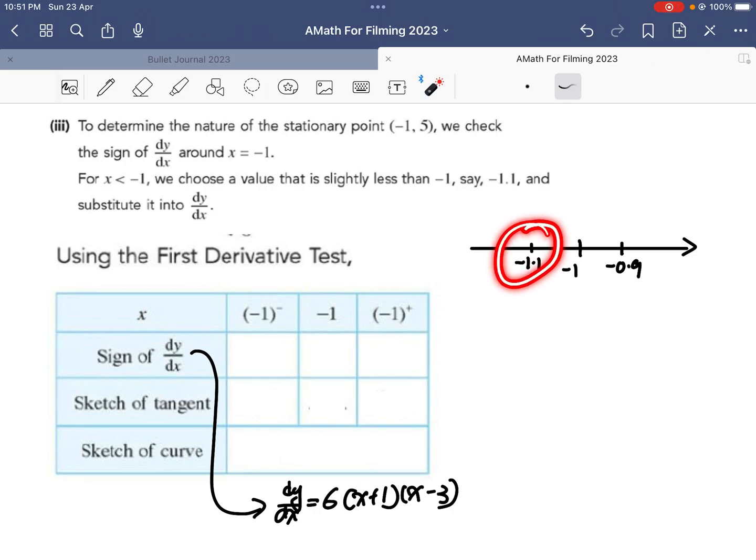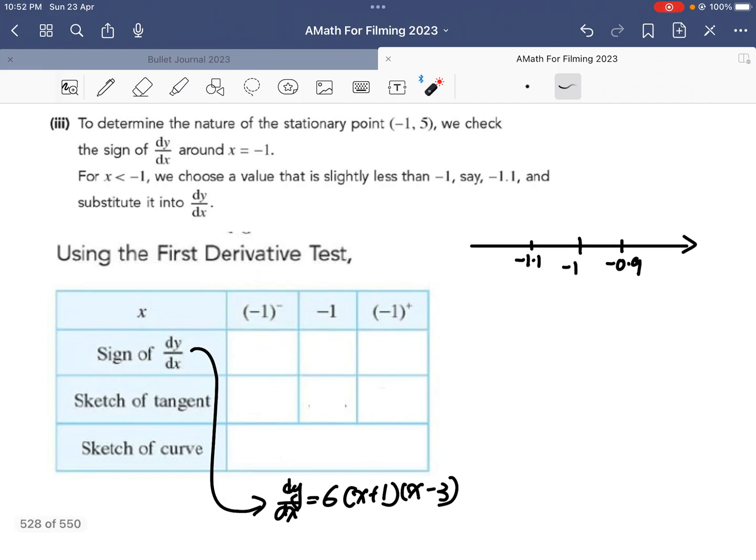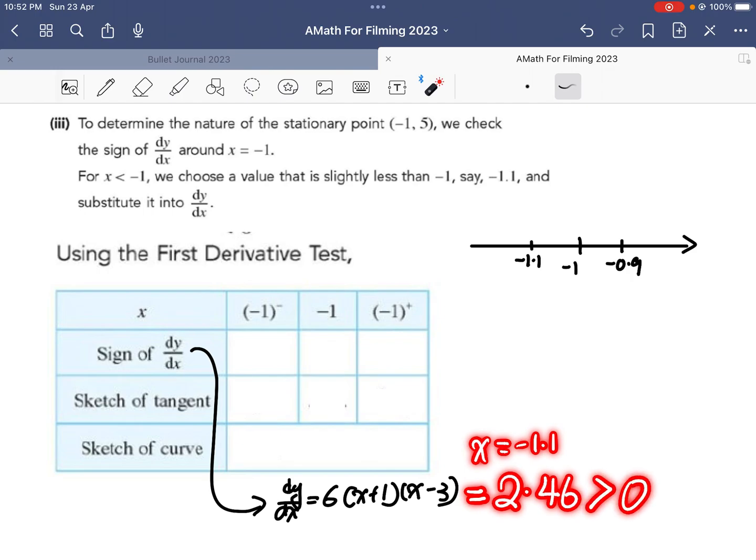Using x equals negative 1.1, or what I've written here, negative 1 minus, this is a notation showing that I'm using a value that is slightly to the left of negative 1, or something slightly more negative than negative 1. So I substitute negative 1.1 here and negative 1.1 here. If you were to use your calculator, when x is negative 1.1, what we will get here is equal to 2.46.